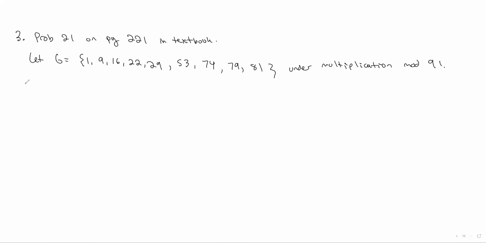And then the question is to find the isomorphism type. So note that G is abelian. That's why we can find its isomorphism type.